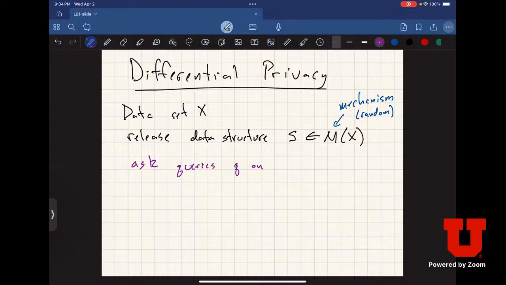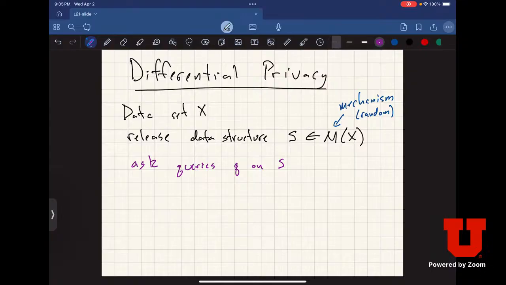Q on S, and you'd like this to return an answer that's similar to if you asked a similar question on X. This doesn't totally make sense yet, but ask a question: is this object in the database or not? What is the value of some scalar value?